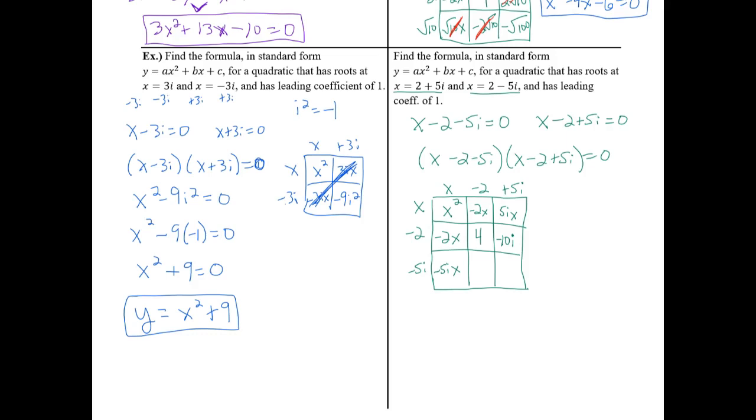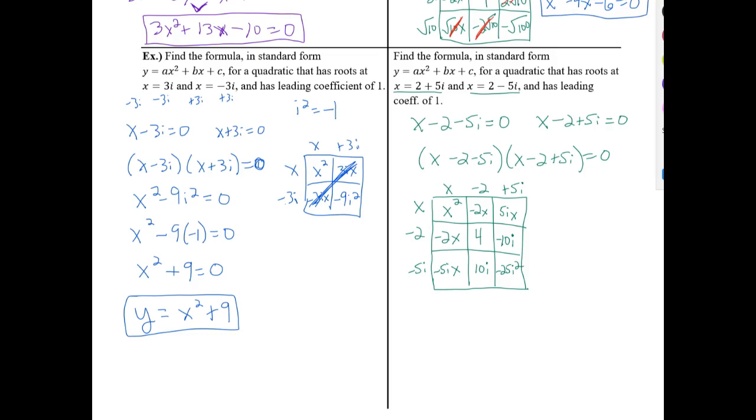A negative 2 times negative 5i is a positive 10i. And lastly, 5i times a negative 5i. Remember, we're multiplying, not adding. Sometimes I see students write 0 here, but we're multiplying, so we get negative 25i squared. Don't forget that i squared.